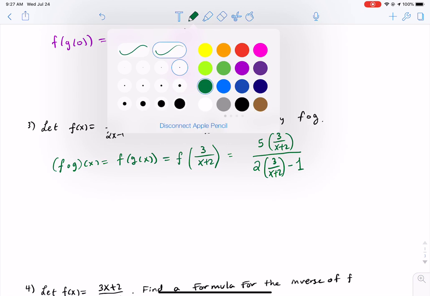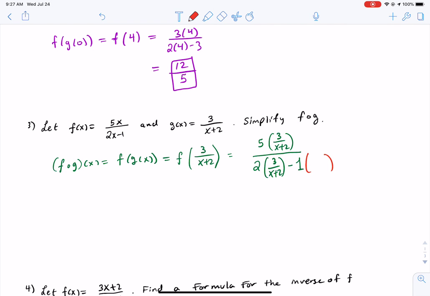So the best thing that we can do here is, on the bottom, multiply by x plus 2 over x plus 2. By doing this, we can cancel out the denominators, x plus 2 and x plus 2, they just cancel out like that. And what is this going to give us? 15 divided by 6 minus x minus 2, because we have to distribute out the negative 1, right?